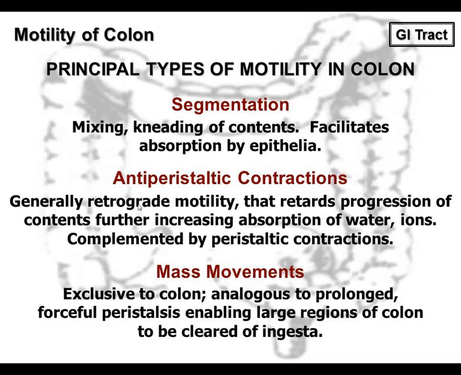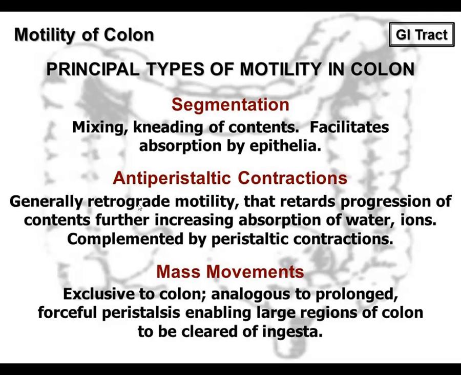Okay. So, the motility of the colon, just like the motility we learned about before from the stomach and from the small intestine, we're going to have segmentation that's breaking into small bubbles. We have the peristalsis. We also have the antiperistalsis that's going backward, and that slows down the emptying, and that allows more time to absorb the water, absorb the electrolyte.